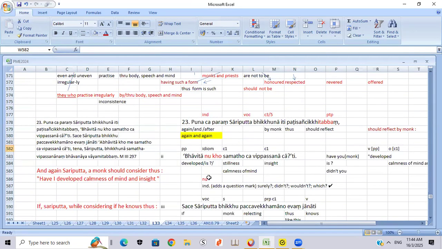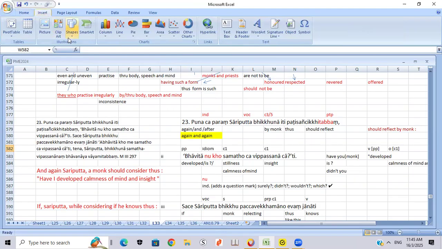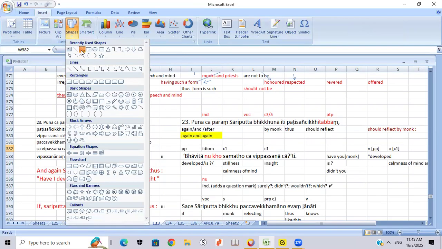Now you see this part. This is a continuation of this. What it says: bhavita nuko samato cha vipassana cha. In this particular case, reflection refers to vipassana. This line is very clear.